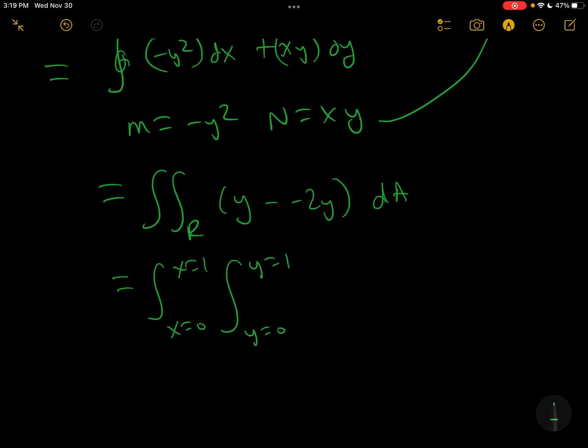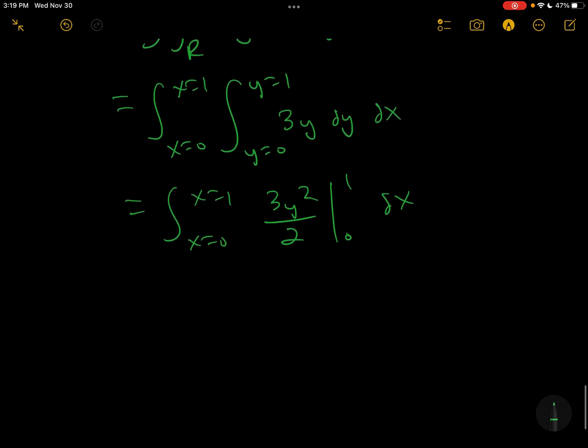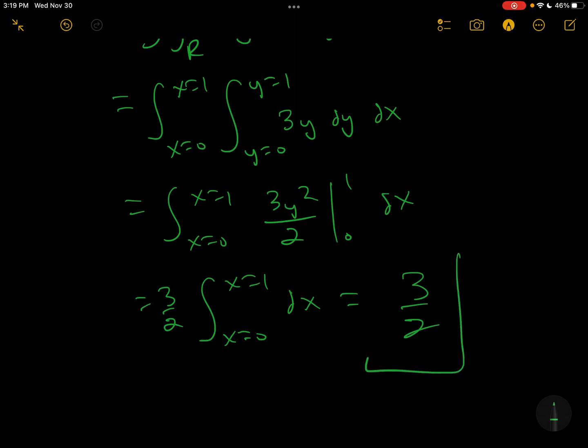Y goes from 0 to 1. 3y dy dx. X goes from 0 to 1. 3y squared over 2, evaluated from 0 to 1 dx. So this becomes 3/2 times the integral from 0 to 1 dx, and that is 3/2.